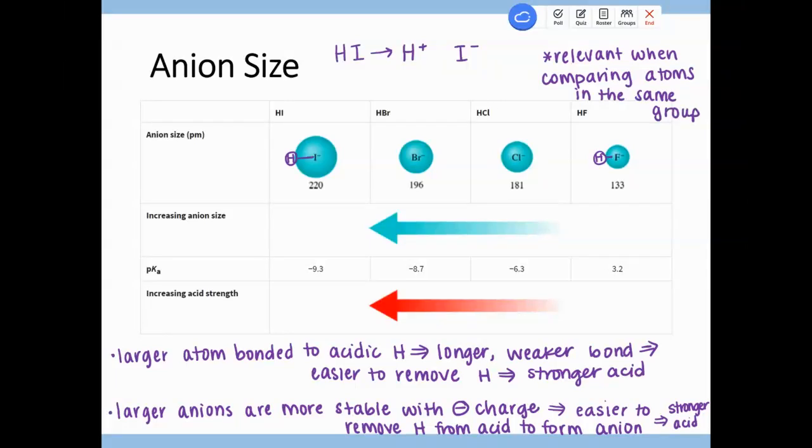So all of the atoms that we're comparing bonded to hydrogen are halogens. They're all in the same group in the periodic table. So as you go down the group, atomic size is an important influence on the property of those atoms.